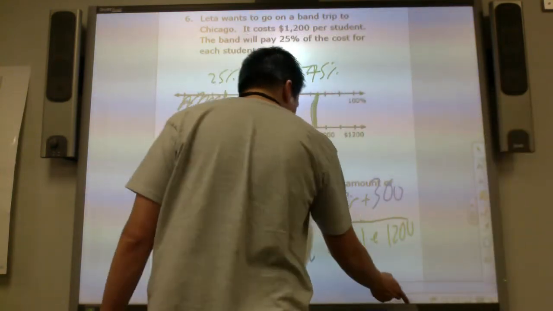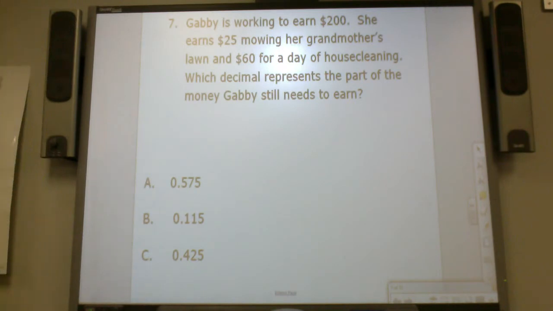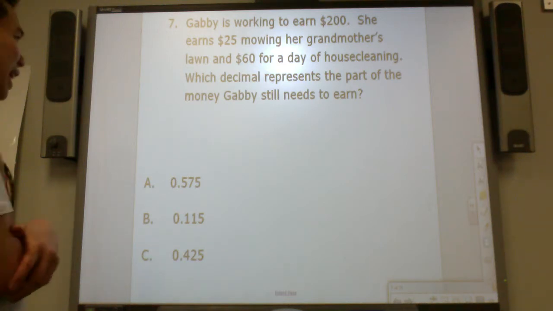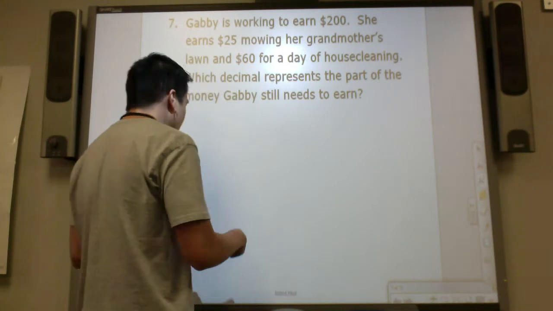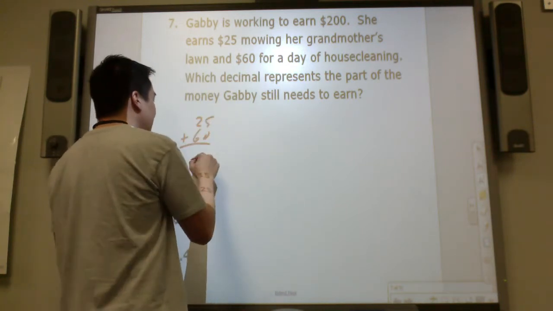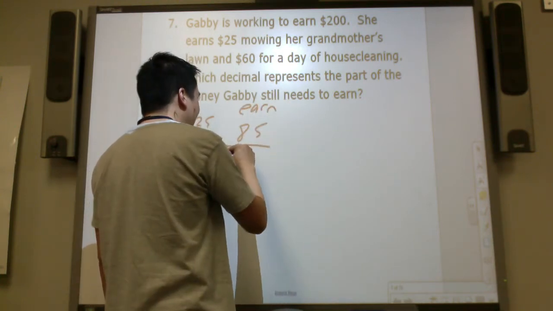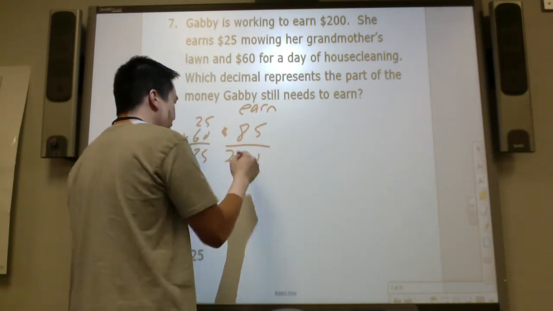Next question. Question 7. Gabby is working to earn $200. She earns $25 mowing her grandmother's lawn, $60 for house cleaning. Which decimal represents the part of the money Gabby still needs to earn? So in this one, 25 plus 60, so she earned $85 out of 200.